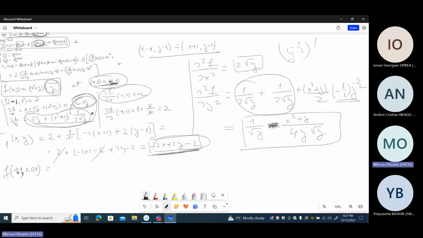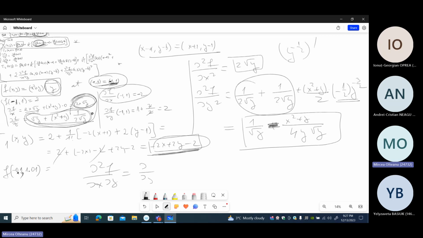These are the two second order partial derivatives, not mixed. And now the mixed one, we need to compute only one because of the symmetry theorem. We can do it in two ways. The second order partial derivative with respect to x, y. We can differentiate here with respect to x, or we can differentiate here with respect to y.